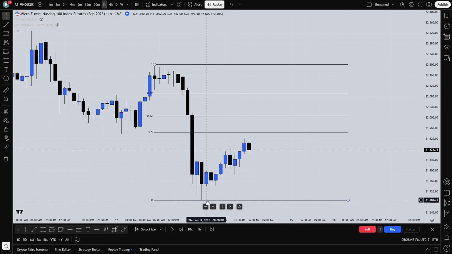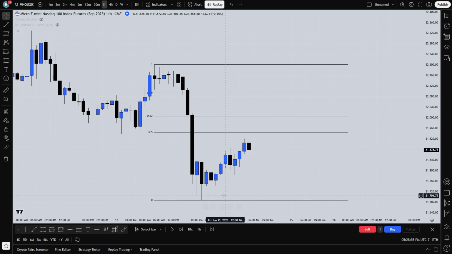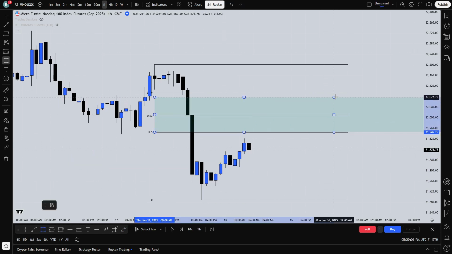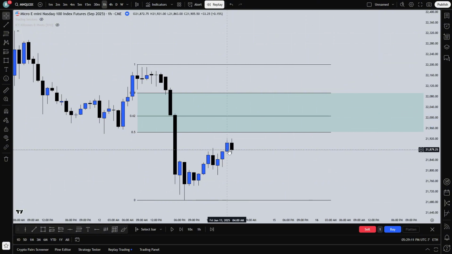Where is price expected to reach before it continues lower? I want to see price come up and continue down to this low potentially, because we're with the trend, at our 0.5 level to our 0.79 level. We're going to see exactly what price does.